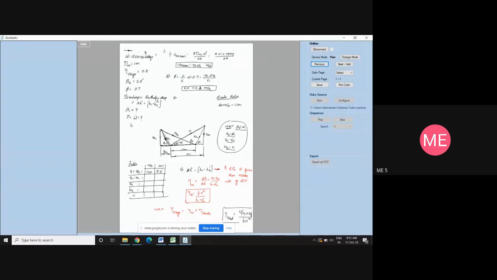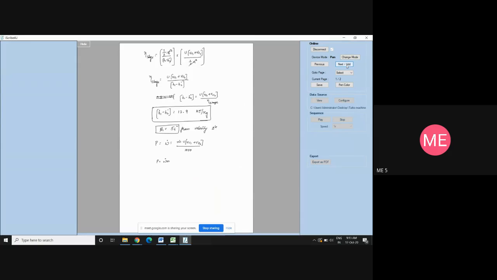Why I'm stressing here is, in the D-level turbine, I asked the same type of question, but I had given FA. From the FA equation, you used to find out M dot, and then that M dot you substituted in power developed. But here FA is not given. So what you can do in this kind of problem is assume M dot as 1 kg per second.